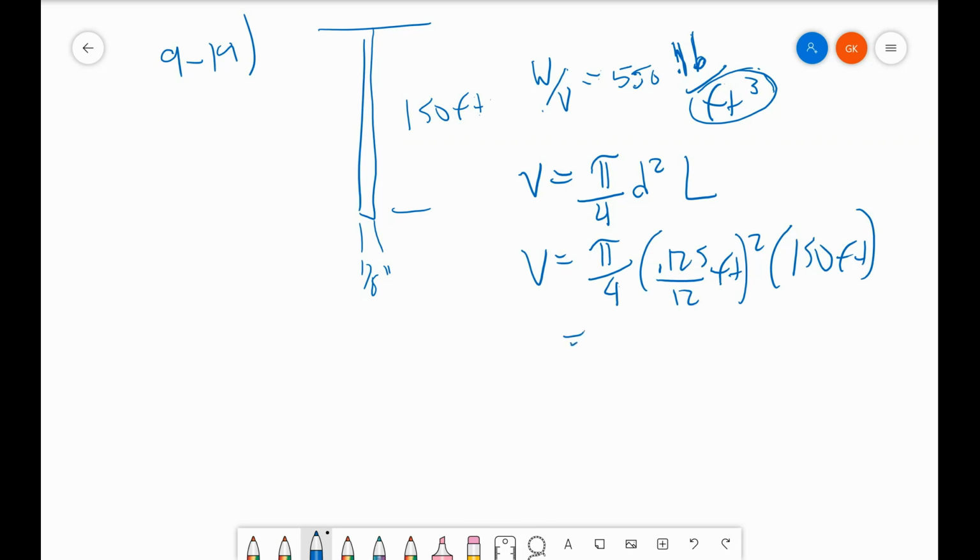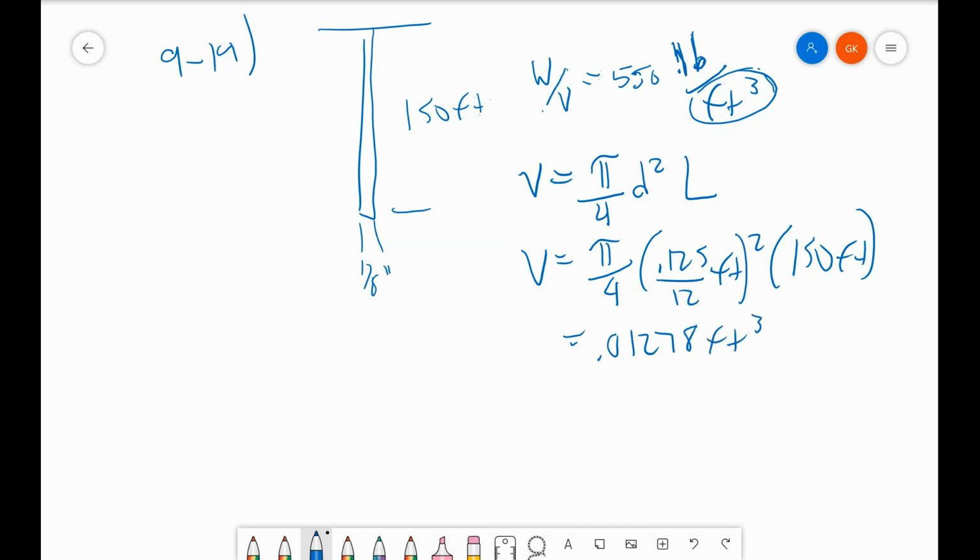Let's plug it into the calculator and see what we get. We get a volume of 0.01278 feet cubed.